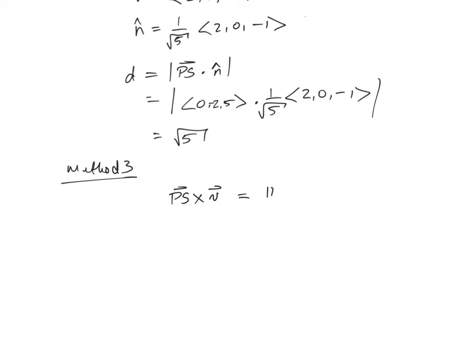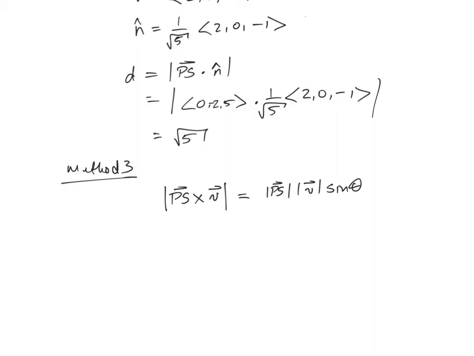It's the magnitude of PS times the magnitude of V times the sine of the angle between them, times some n hat, which gives us the direction of that vector from this cross product. Well, if we're not so much interested in getting a vector, we can say, what's the magnitude of that vector?